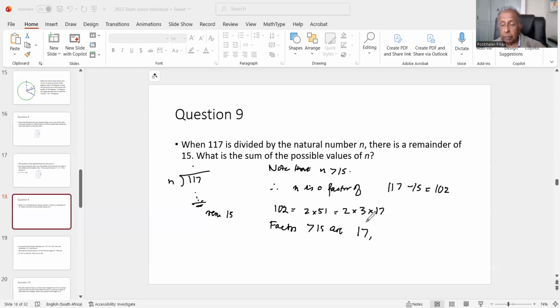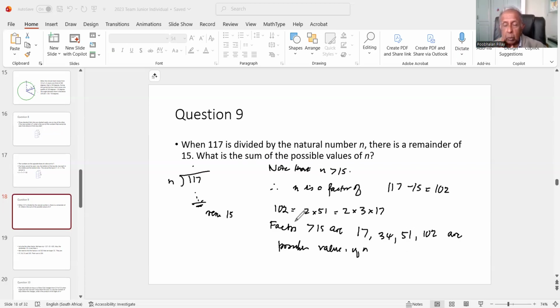And then the other products are 2 times 17, 3 times 17, and 102, which is 6 times 17. So these are the possible values of n. These are factors of 102 which are bigger than 15.